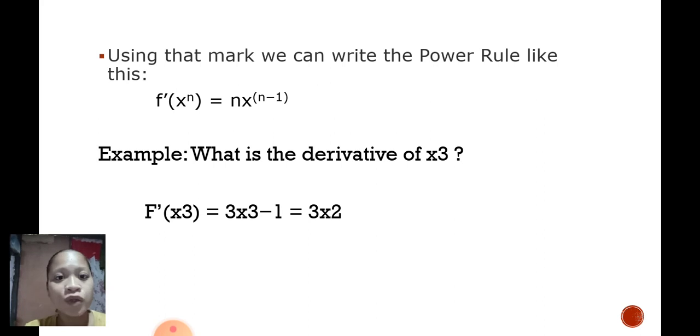Using notation, we can write the power rule like this: f prime of x to the power of n is equal to nx to the power of n minus 1.